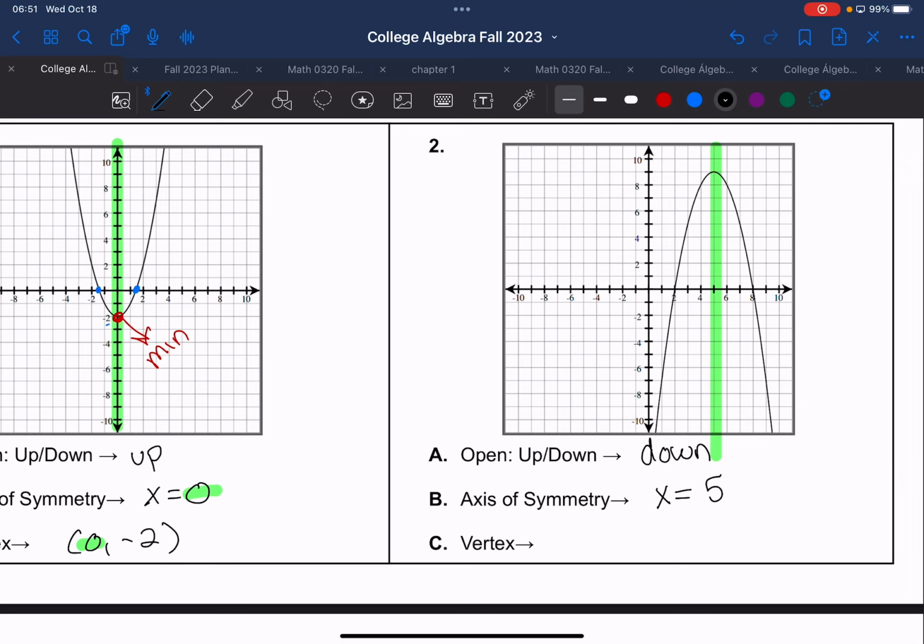Okay. Looking at our vertex, do we have a maximum or a minimum? Maximum because it's at the top. And where we have the maximum is called our vertex, and that's at what point? Good, 5, comma 9. And again, notice that that axis of symmetry value is the same as our x value on our vertex. That's always going to happen.